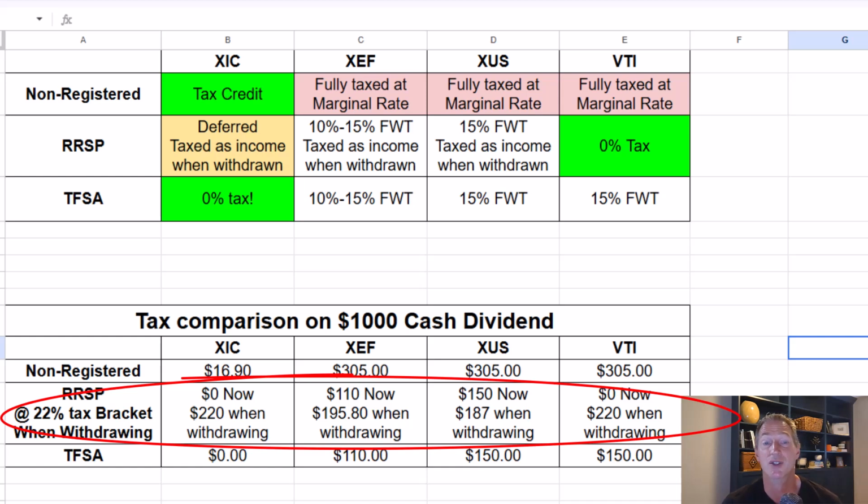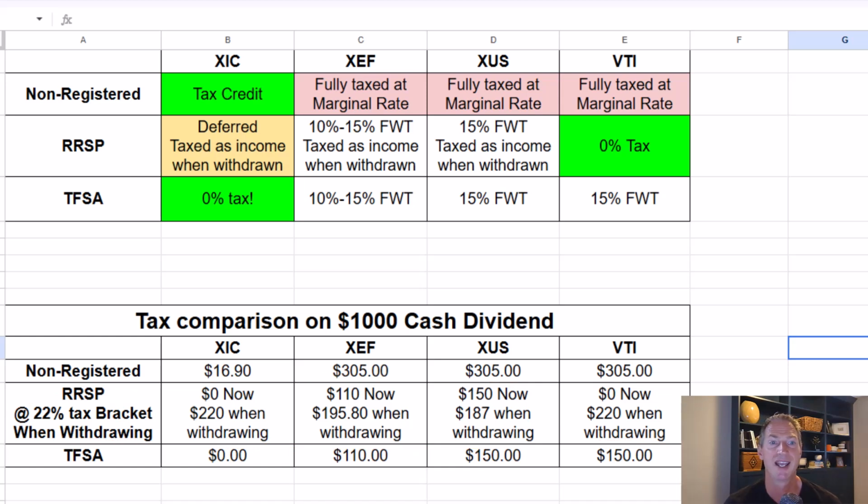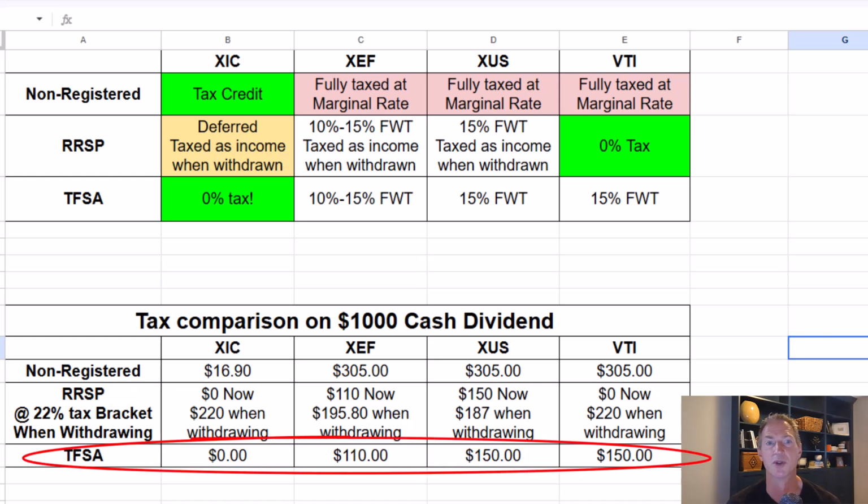XEF, again, you had the $1,000, you lost the $110, so I just put a number in. I taxed 22% of the remainder, $890, and you had $195 and $187, depending on which ETF. And your TFSAs, subject to the foreign withholding taxes, $0 for XIC, 110-ish for XEF, 150 for XUS and VTI.